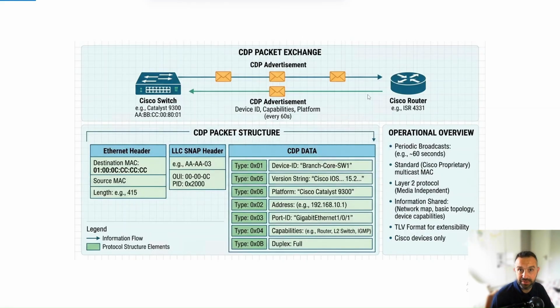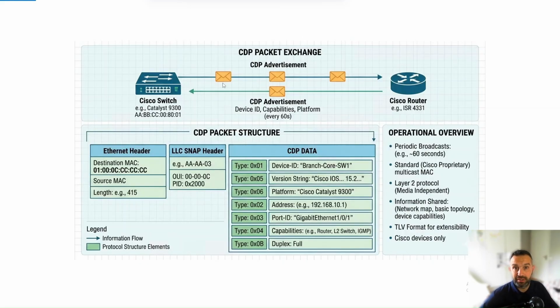Cisco switches and routers typically send CDP advertisements containing device name, platform, software version, interface information, native VLAN, and management IP address. Since CDP operates at layer 2, these packets never cross routers and are only visible on the local network segment, between two directly connected devices.